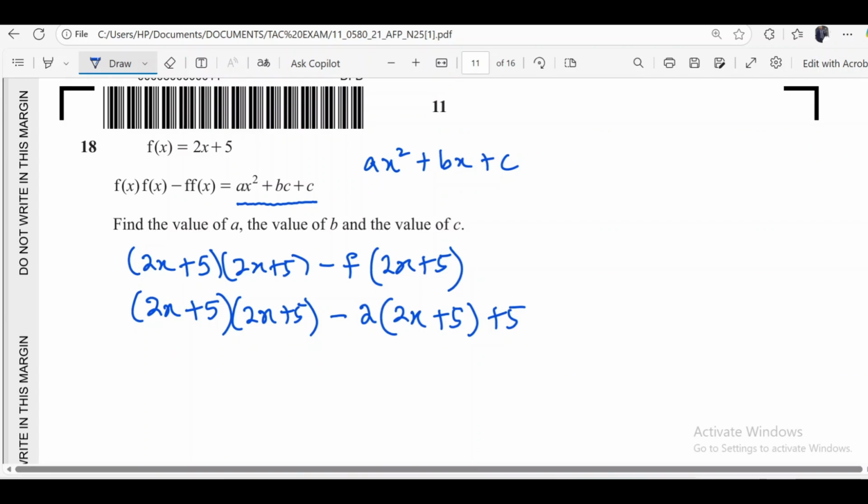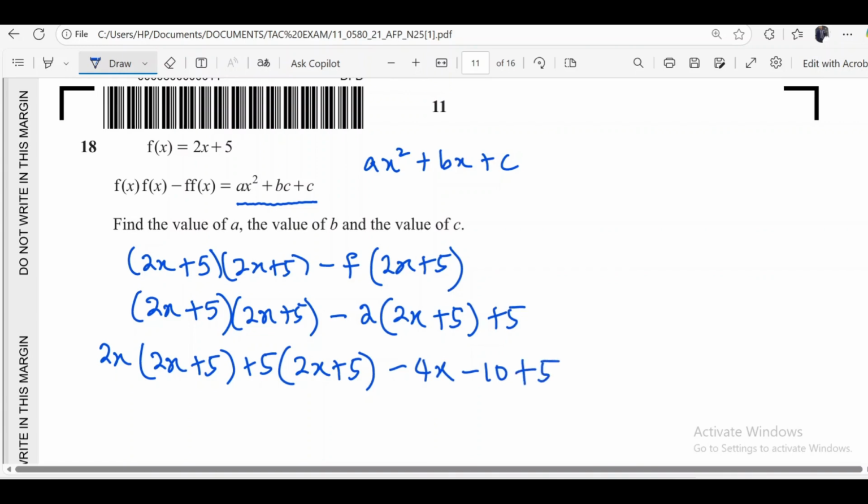In case we are asked to do this, if you use 2x to multiply this bracket and use plus 5 to also multiply the second bracket, the minus, this is going to give us 4x, and then this is minus 10 plus 5.